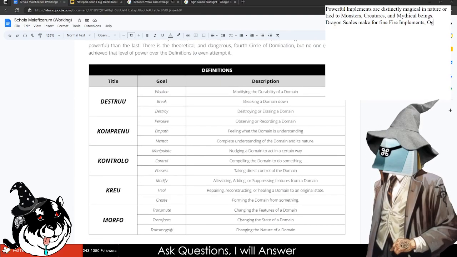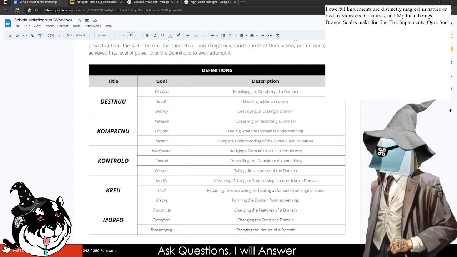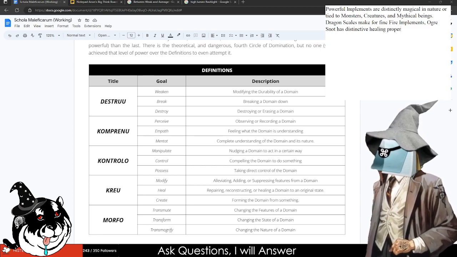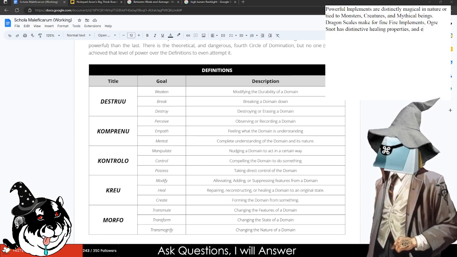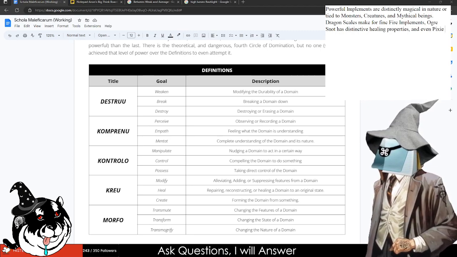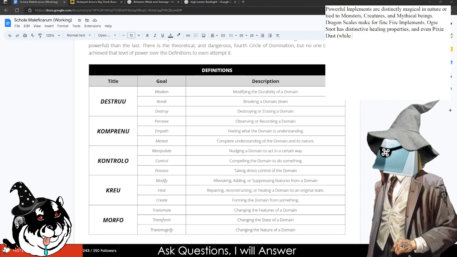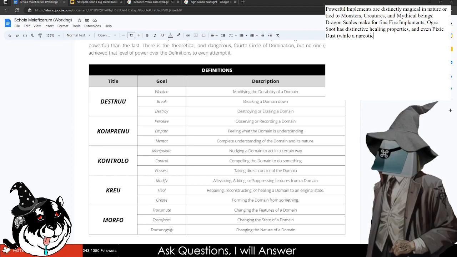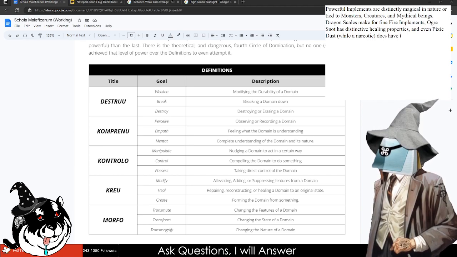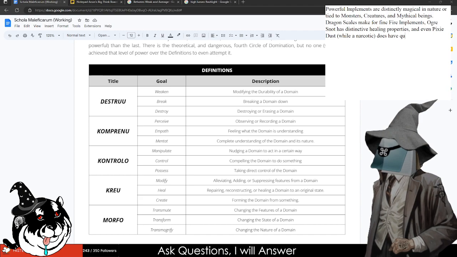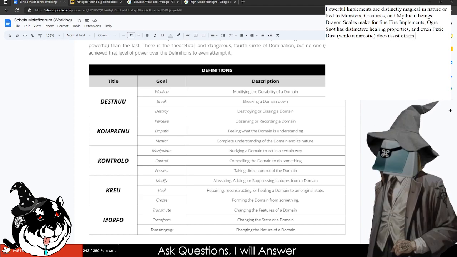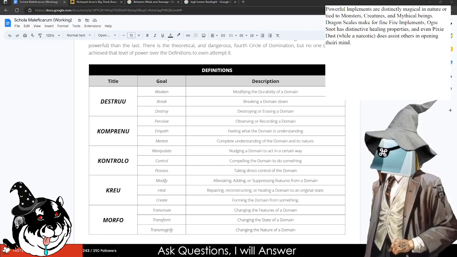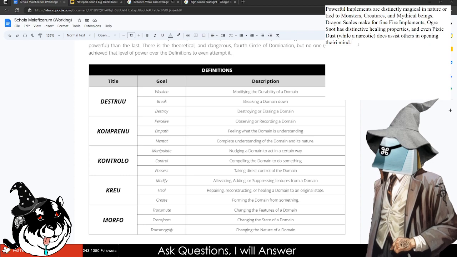Ogre snot has distinctive healing properties. And even pixie dust, while being a narcotic, does assist in opening their mind. Ah, yes, pixie dust, the most powerful of narcotics.